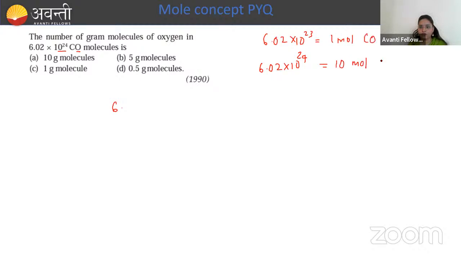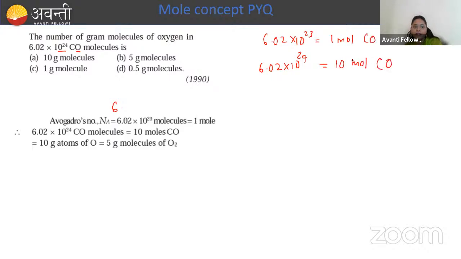1 mole of CO, so this will be 10 mole of CO. So 10 gram of O will be equal to how much? 5 gram molecules of O2. So here what will be the answer? Which option will come? Where is 5 gram written? In B. Okay? So our correct option will be B. Any doubt in this?